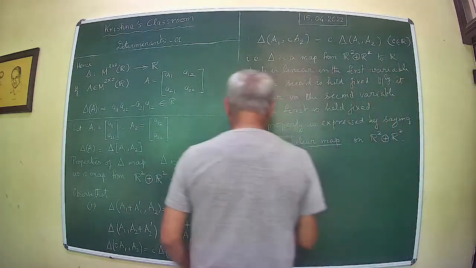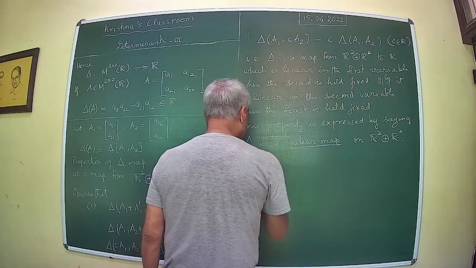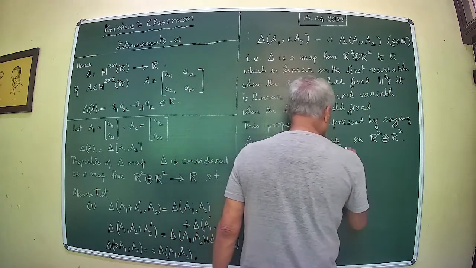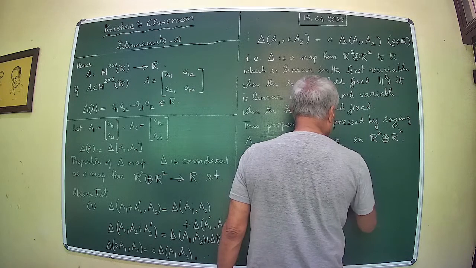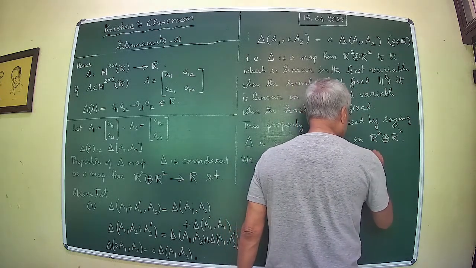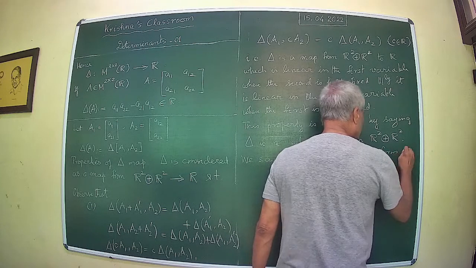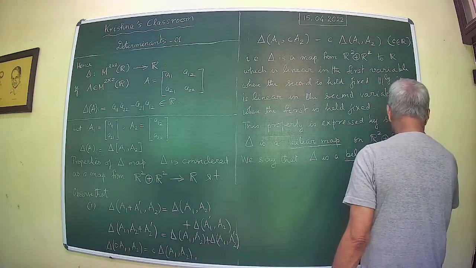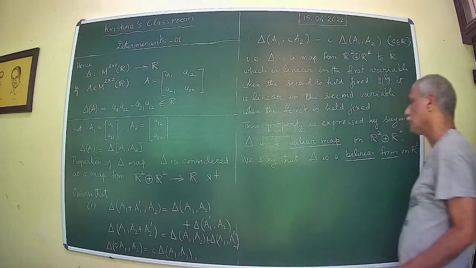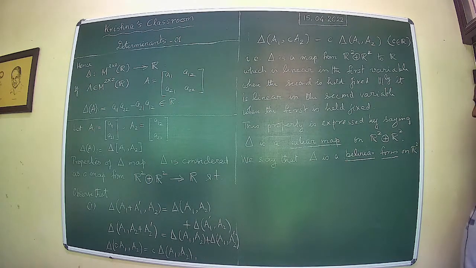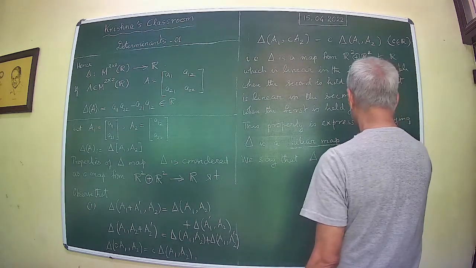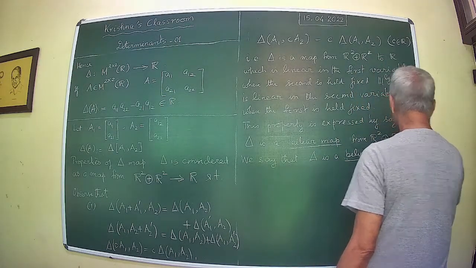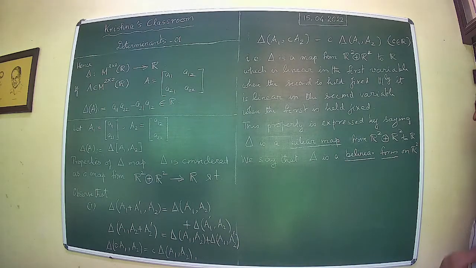Now we say that it's a bilinear form on R2.